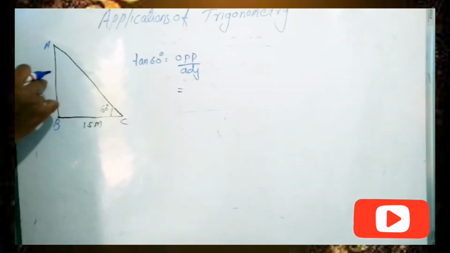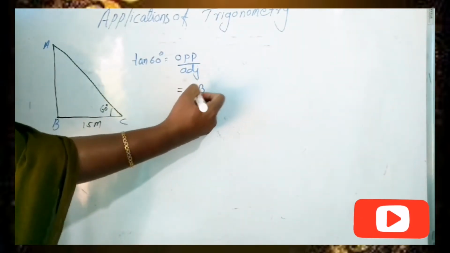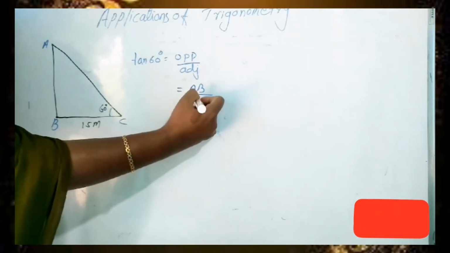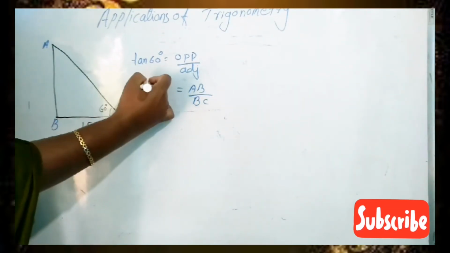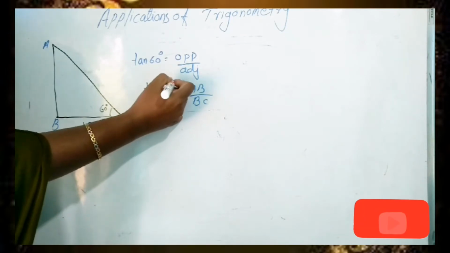Here the opposite side is AB and the adjacent side is BC. So tan 60 degrees is equal to AB by BC.